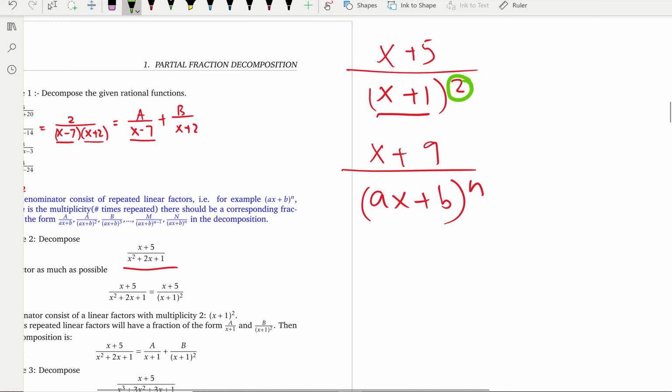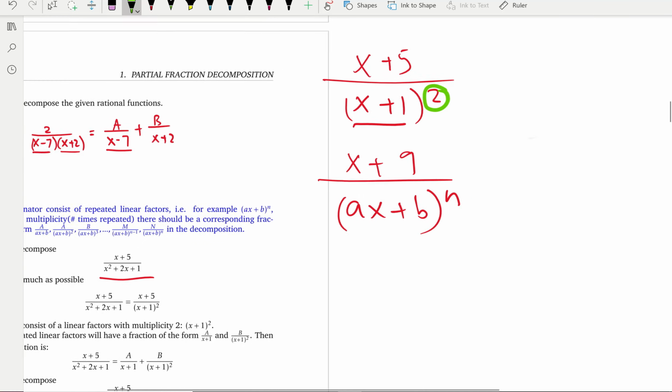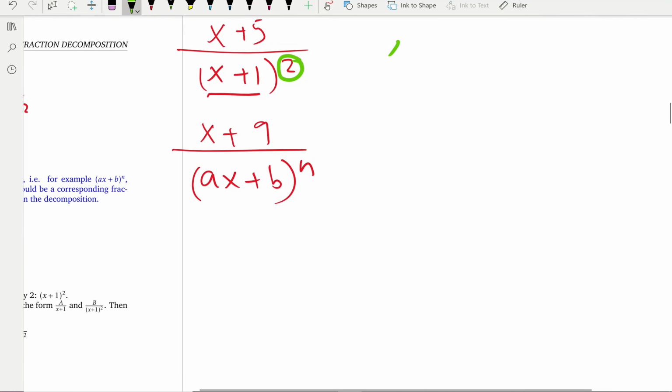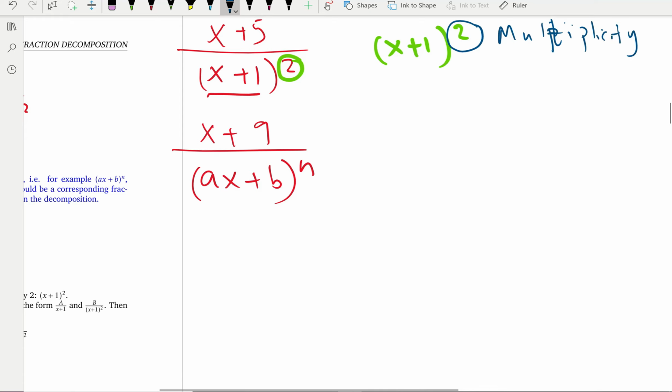Now let's understand a very important thing here. Let's take that factor, x plus 1 square. This 2 right here is called multiplicity. Now what is multiplicity? Multiplicity means how many times your factor is repeated.